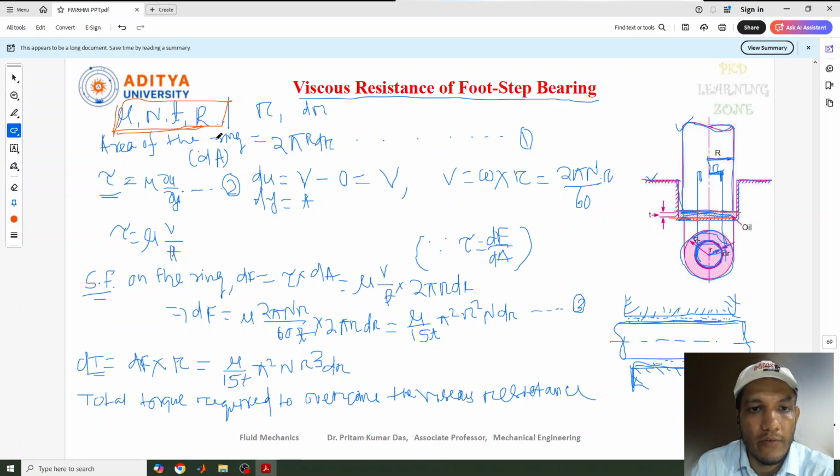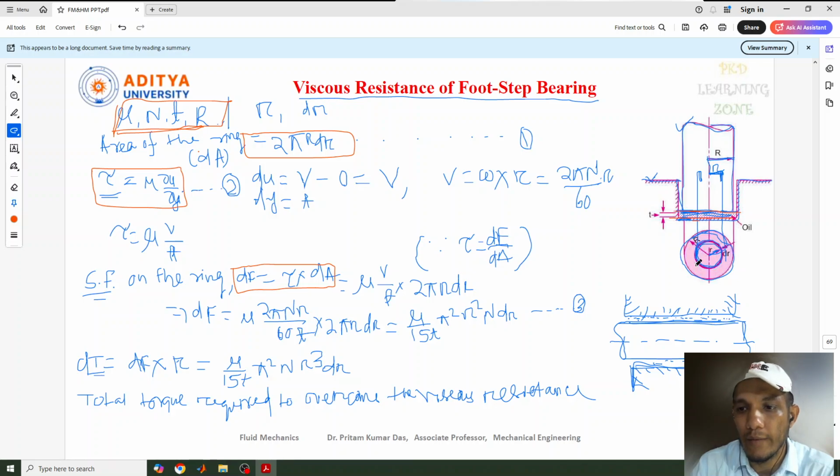First we started from the area, dA equal to 2 pi r dr. Then we came to Newton's law of viscosity, tau equal to mu into du by dy. Once the shear stress was calculated, we calculated the shear force acting on the small elemental ring. After that we went for the torque required to overcome the viscous resistance.